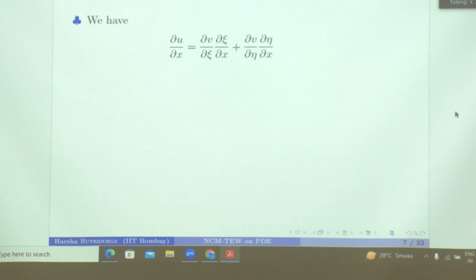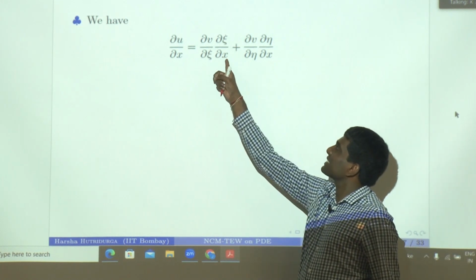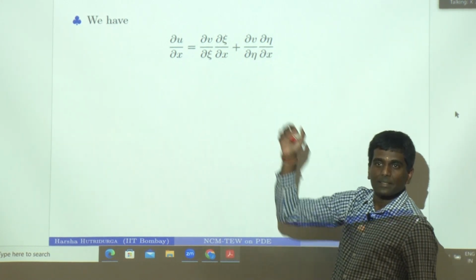So when you differentiate u with respect to x, you have to differentiate v with respect to x also, and that's what we do. V differentiated with respect to psi, then psi differentiated with respect to x, then v differentiated with respect to eta multiplied by eta differentiated with respect to x. And we already know what is d psi by dx and d eta by dx.